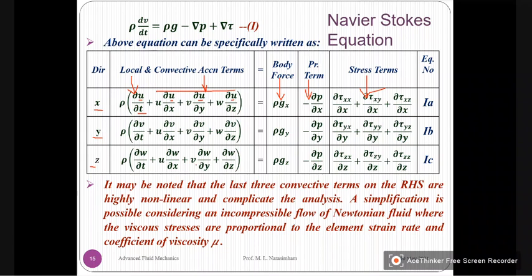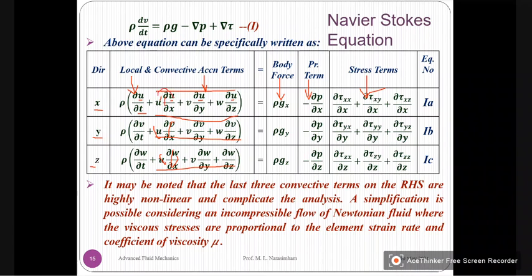It may be noted that the last 3 convective terms on the left hand side are highly nonlinear. See, these terms, because there is a u ∂w/∂x, u ∂v/∂x, u ∂u/∂x.